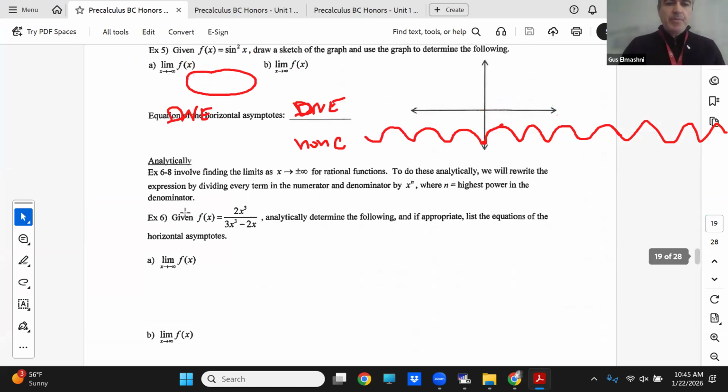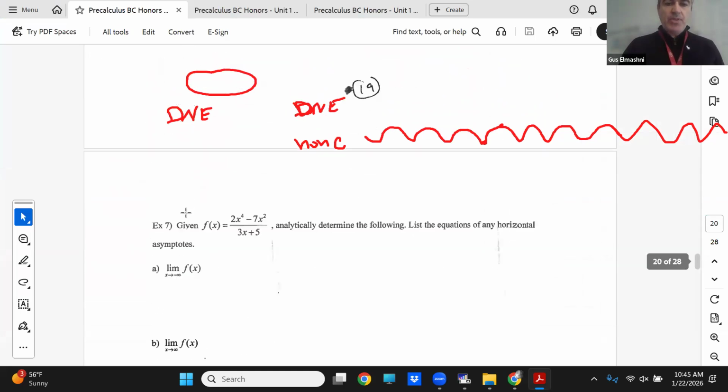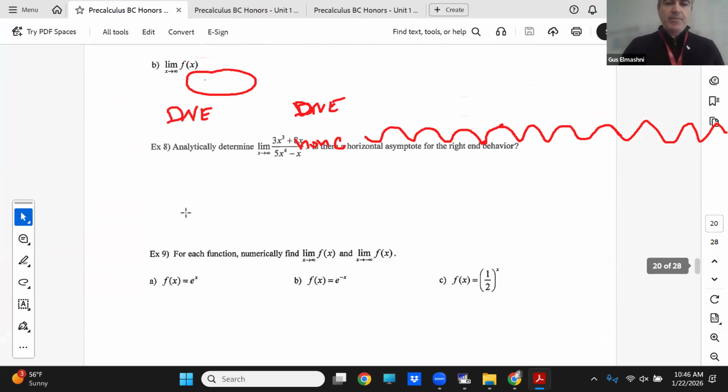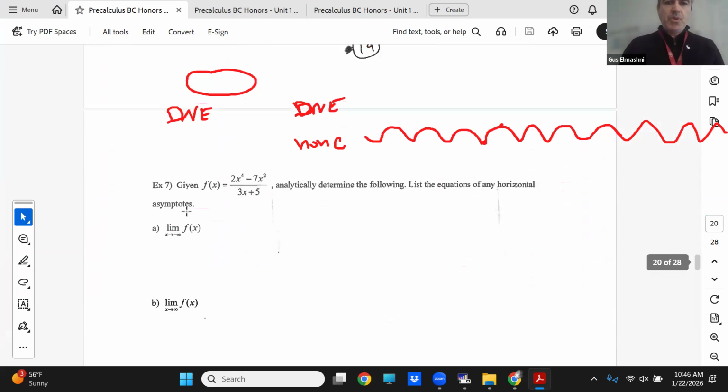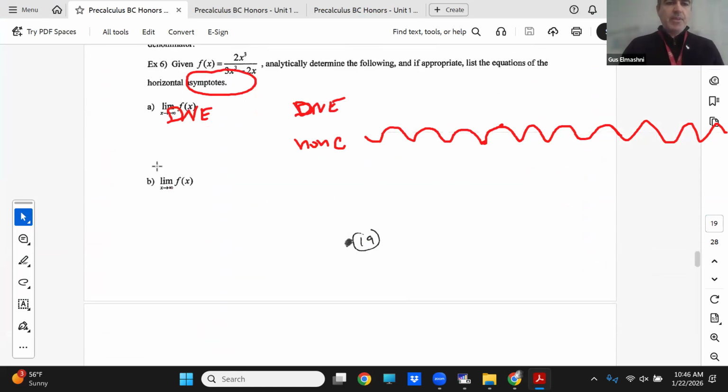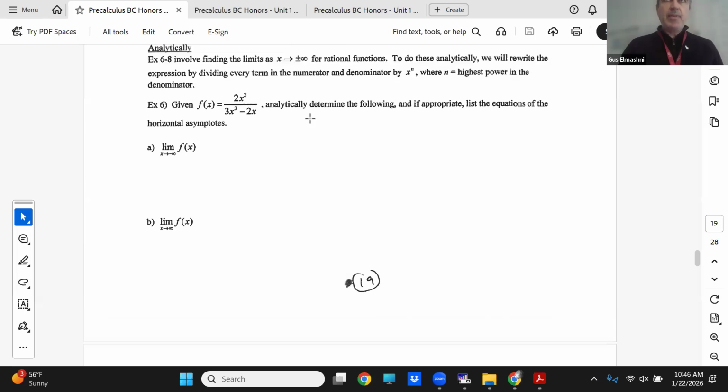All right, now let's keep moving. Let's look at rational functions. For rational functions, you guys should know this by now. We are going to talk about rational functions in more detail in February or March, I think. But here's what's going to happen.